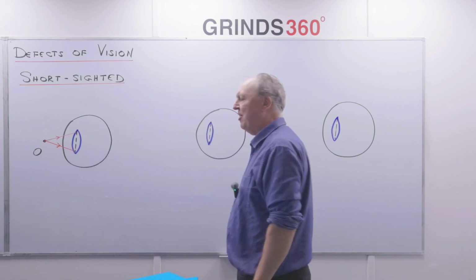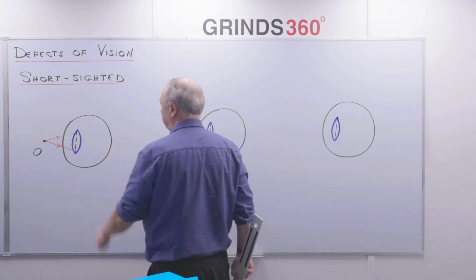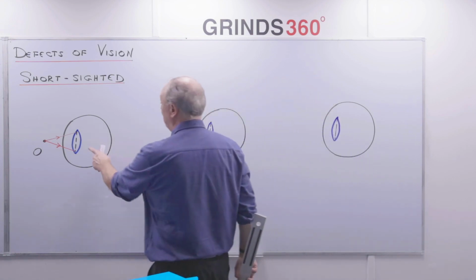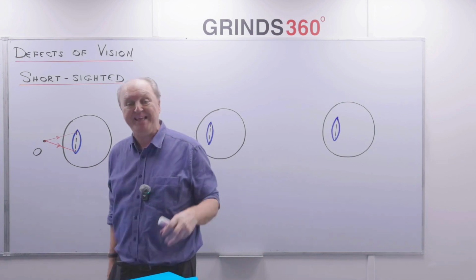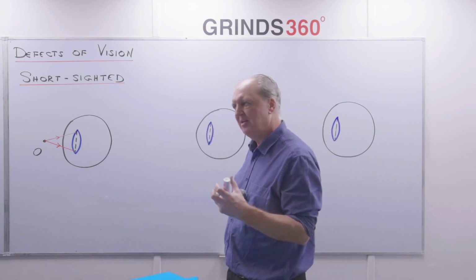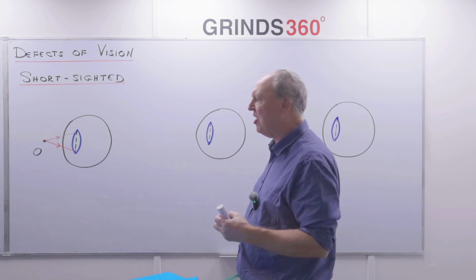Now, I want those two rays of light to come together exactly on the retina. What you've got to do is, your lens has to do a lot of work. It's got to make itself very powerful. It's got to make itself very thick. So the ciliary muscles that control the lens will actually squash it.